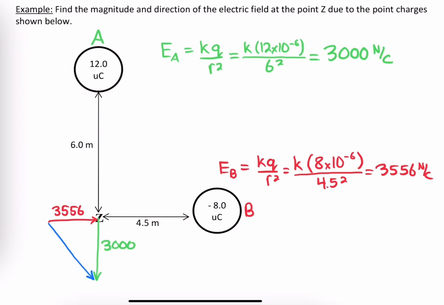And we're ready to solve for the total electric field, the combination of those two, this blue guy. So I think I'll be using Pythagoras to find the magnitude. And the direction, remember the direction of a vector is always defined from its tail. So I'll be looking for this angle there. And I can probably use tan to find that.